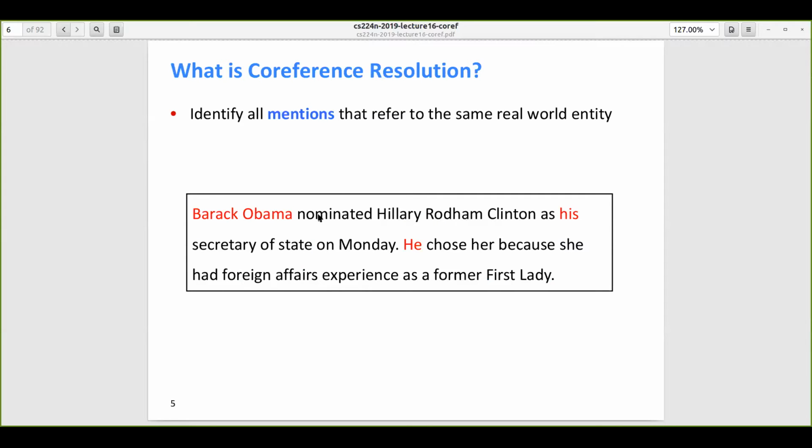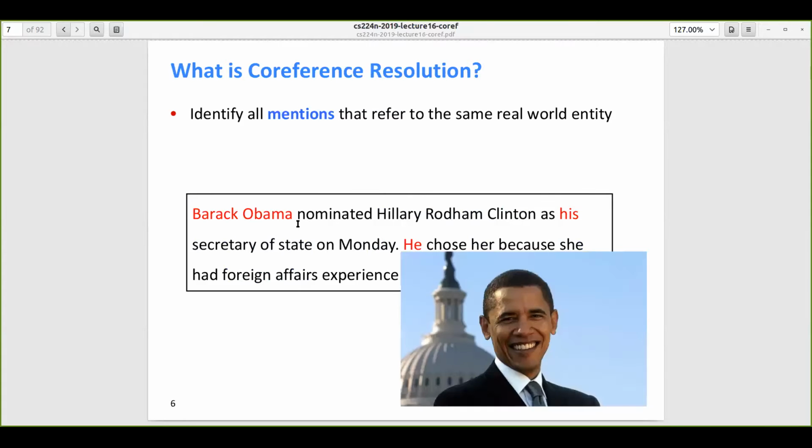So here we had all these mentions, and now when we filter them using coreference resolution, we have Barack Obama, his, and he. All these three words are referring to the same entity, which is Barack Obama. So this is how mentions can help us in coreference resolution.